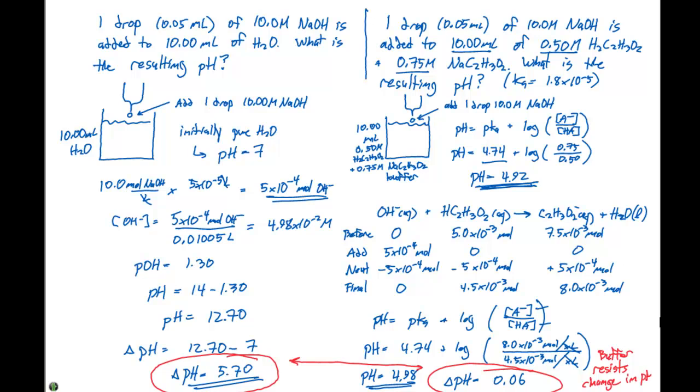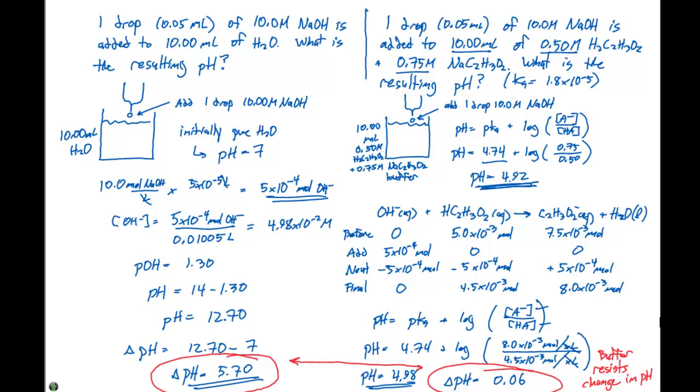in pH. Okay, so in this particular case, we go through and we can do some stoichiometry with adding 1 drop of 10.0 molar sodium hydroxide to an aqueous solution. If we added 1 drop of 10 molar sodium hydroxide to an equal volume buffer solution, we see that we definitely resist a change in pH, and we can calculate that by using an expression.